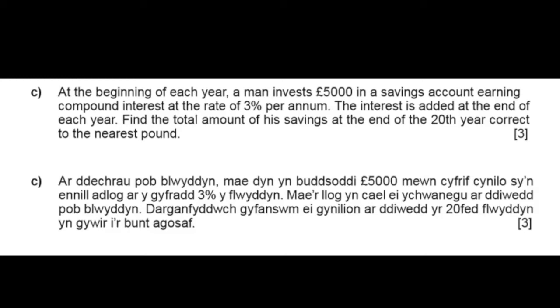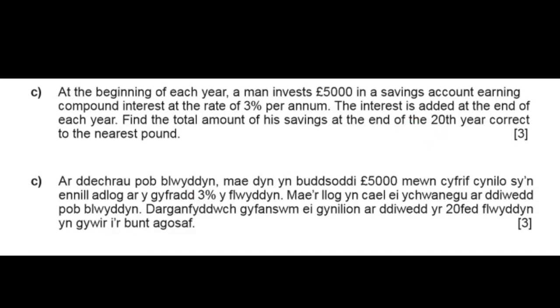The next 5,000 he invests at the beginning of the second year earns interest for 19 years and is worth, after the 19 years, 5,000 times 1.03 to the 19. And this is going to go back and back until the amount invested in the last year would be worth 5,000 times 1.03.